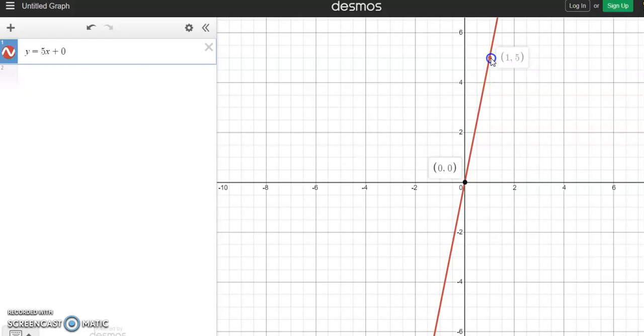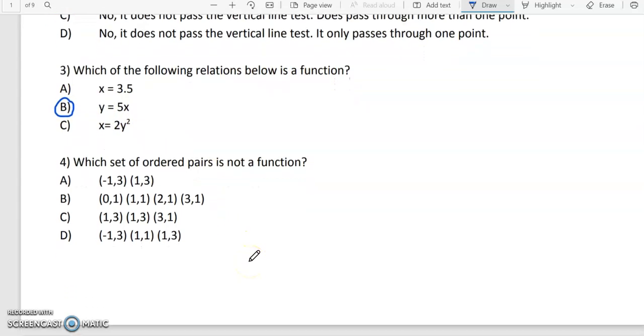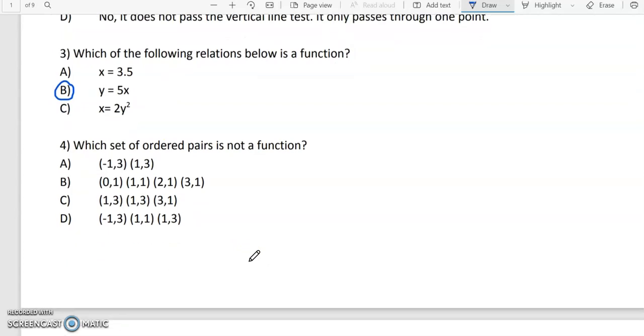Okay, so my slope, it goes up 5 and then to the right 1. And so we know that this is going to be a linear equation right here. So which of the following relations below is a function? We're going to go ahead and say B. We know that y equals 5x is a linear equation. All right, go ahead and feel free to pause the video if you need to.